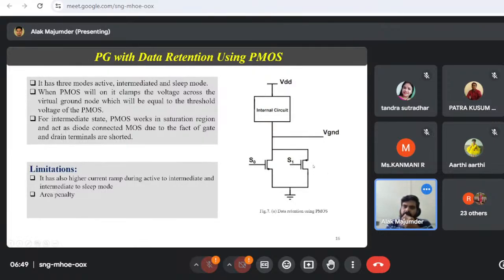So at that time, this PMOS is actually nothing but a diode-connected PMOS. It is the same circuit as the diode, but they have brought some control through the pin S1. So whenever needed, you can make it work like a diode. Whenever not needed, you can basically remove it.